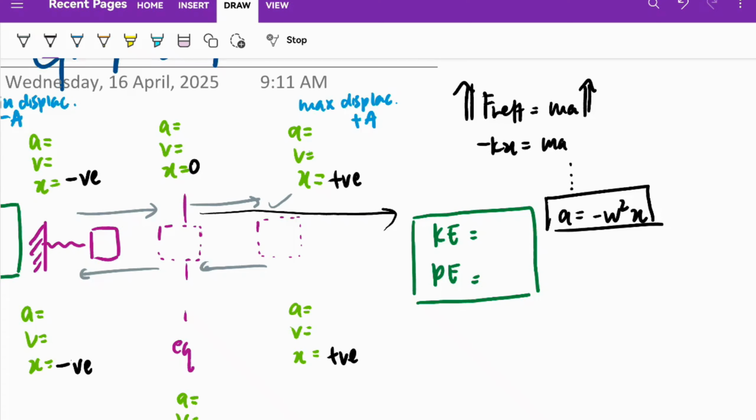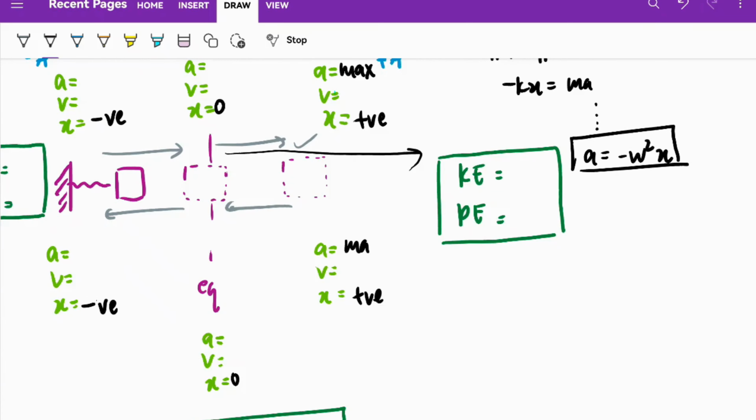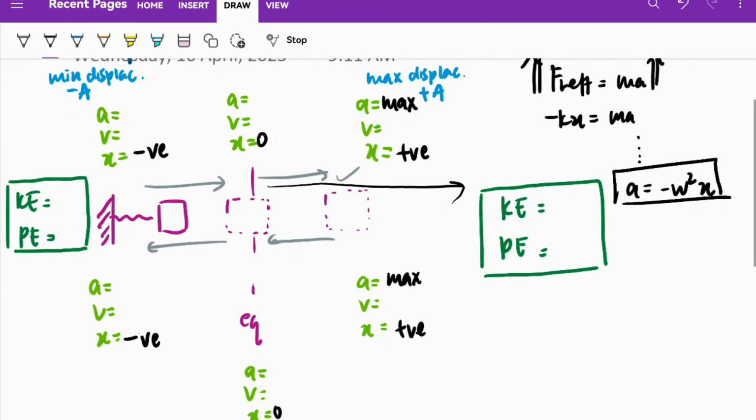That means at your maximum displacement, at your maximum amplitude, your acceleration is maximum. Same goes for minimum displacement, because minimum displacement also means you're furthest away from equilibrium. You need a lot of force as well. So your acceleration is also maximum at your minimum displacement.